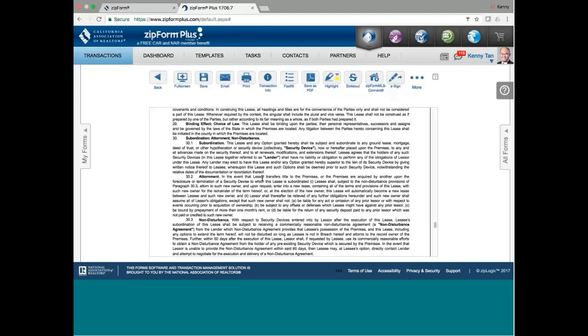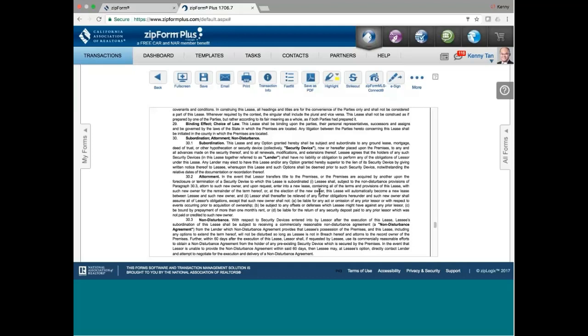In the event that lessor transfers title to the premises, or the premises are acquired by another, upon the foreclosure or termination of a security device to which this lease is subordinated, lessee shall, subject to the non-disturbance provisions of paragraph 30.3, attorn to such new owner, and upon request enter into a new lease containing all of the terms and provisions of this lease with such new owner for the remainder of the term hereof, or at the election of the new owner, this lease shall automatically become a new lease between lessee and such new owner, and lessor shall thereafter be relieved of any further obligations, and such new owner shall assume all of lessor's obligations, except that such new owner shall not be liable for any acts or omissions of the lessor.